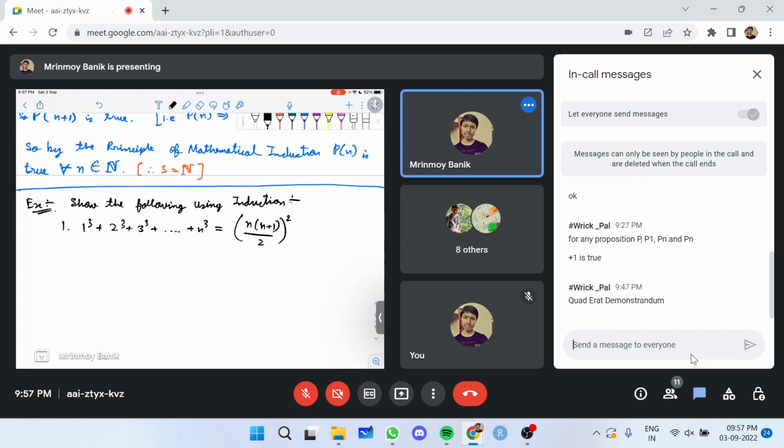Am I right? Does anyone remember or recall this formula? Let me check. Yes, sir. Yeah. Yes, sir. The formula is there only. Okay, so yeah, n was 2, sorry.